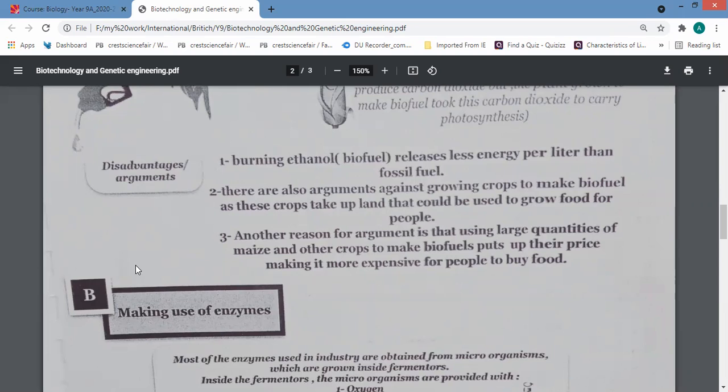And in case of using ethanol as biofuel, extracted from plants, as we said, maize plants, it makes the amount of the plant maize decrease because it is just used for this production, and the maize plant is needed for other products.